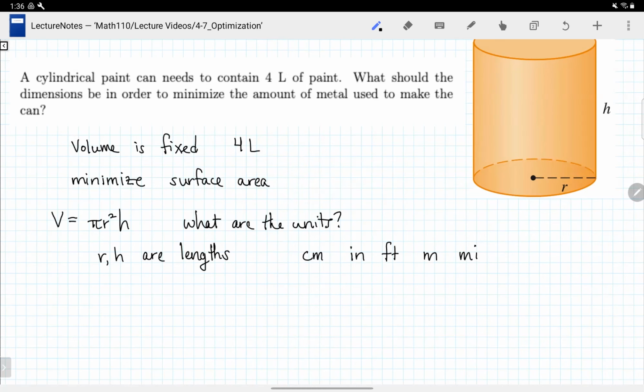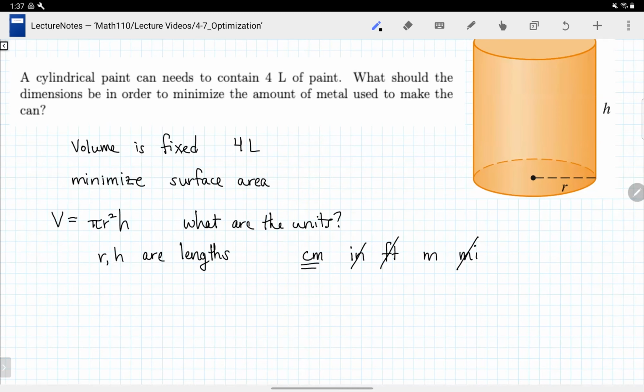So that tells us that we can't be in inches or feet or miles. Now, thinking about centimeters versus meters, a centimeter is about the width of your pinky, and a meter is about the length of a baseball bat. So we are not going to be measuring the dimensions of a paint can in meters. So it's most likely going to be centimeters.